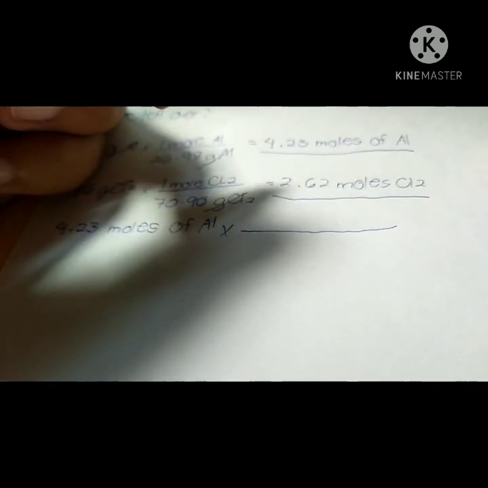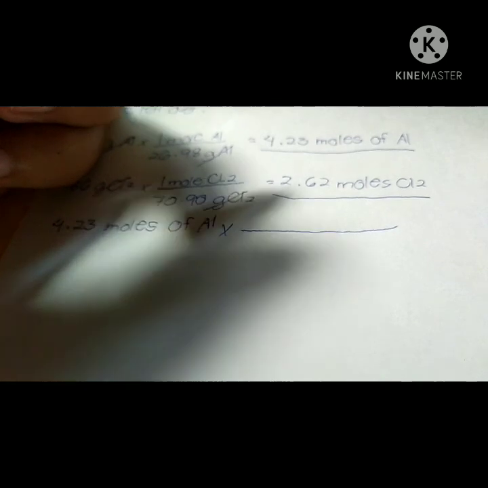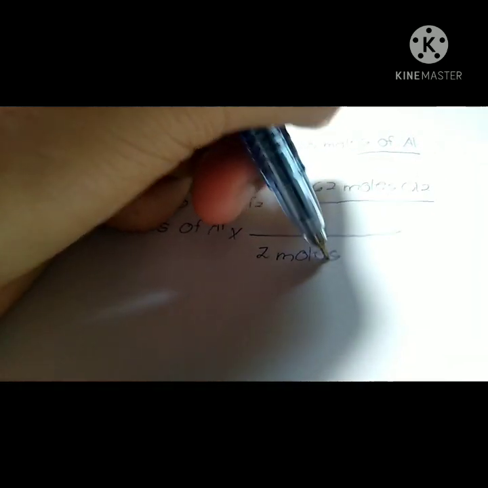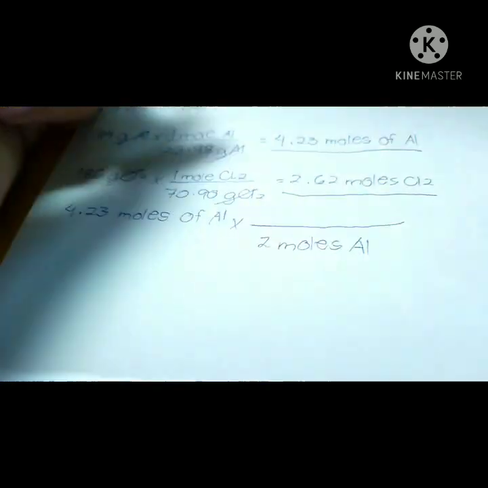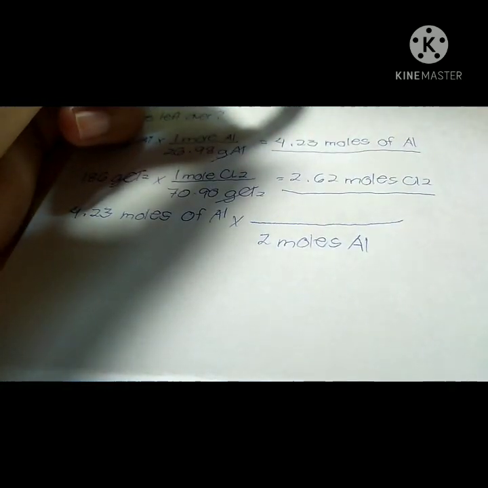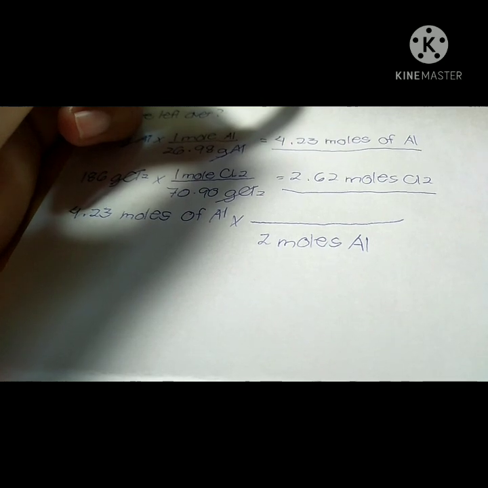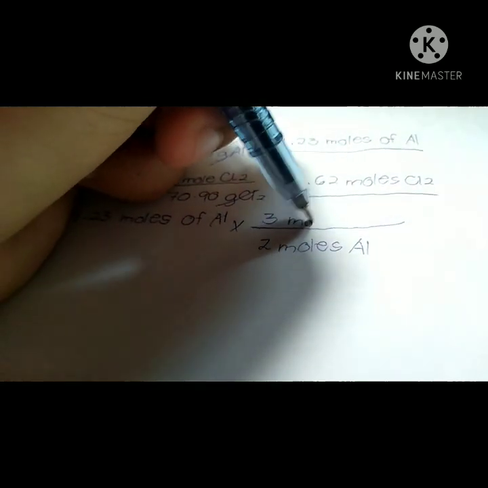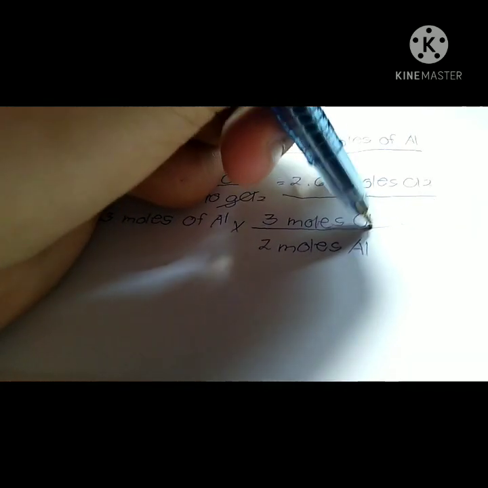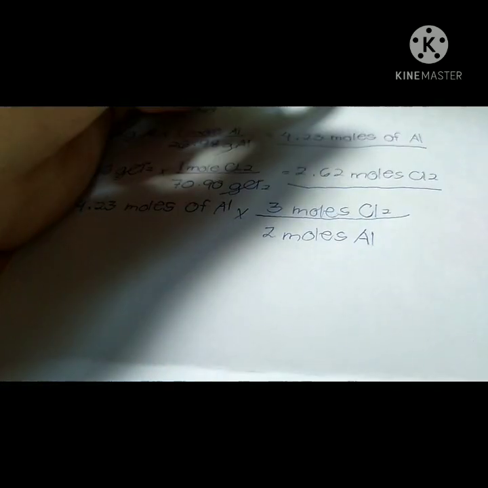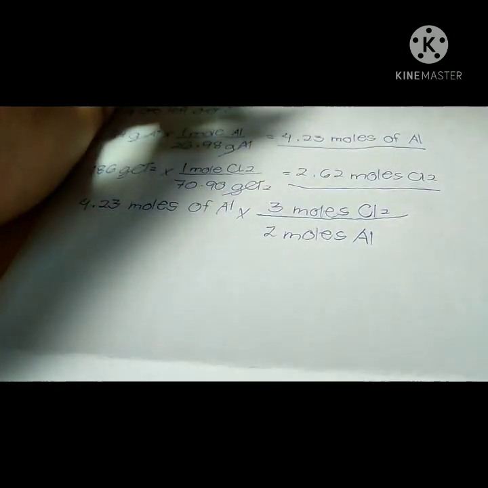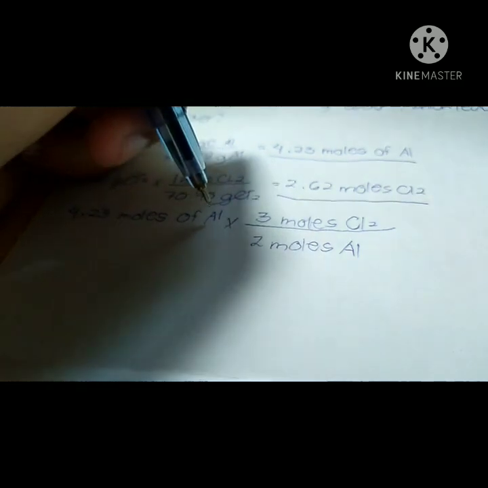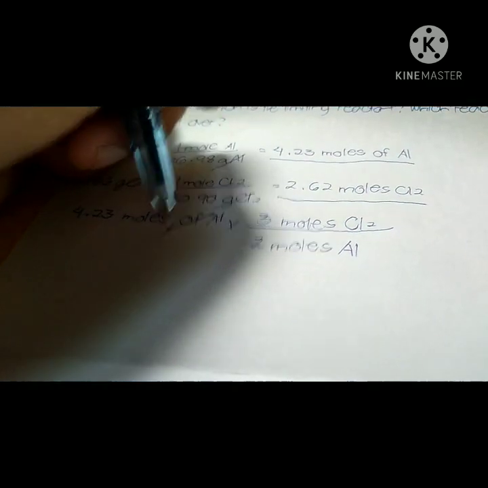So I'm going to put on the bottom 2 moles of aluminum, I got the 2 in there, and then on top I put 3 moles of Cl2, I got the 3 moles in here. So we're going to cancel.